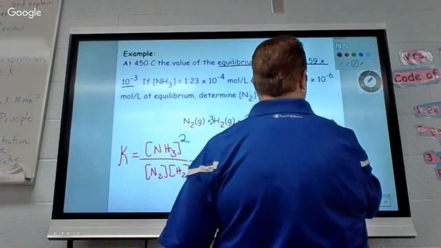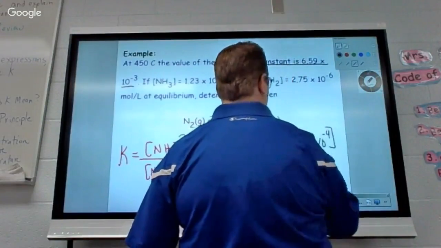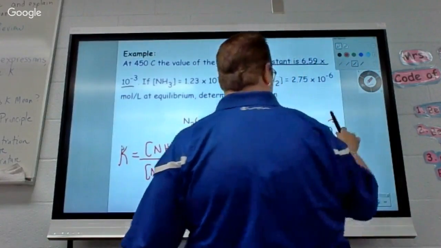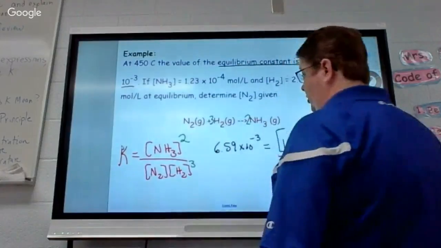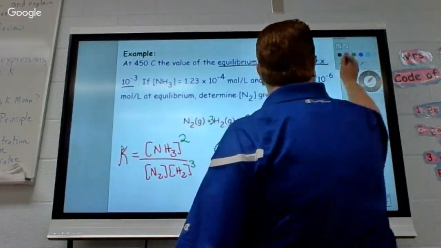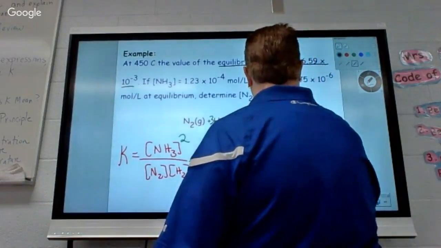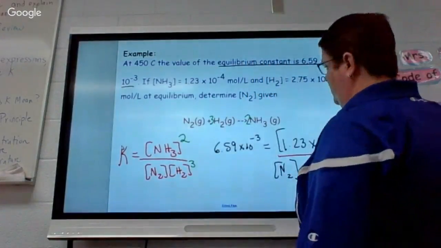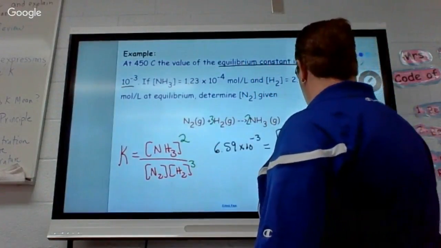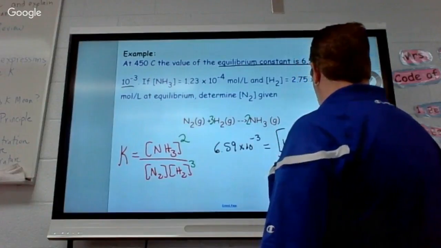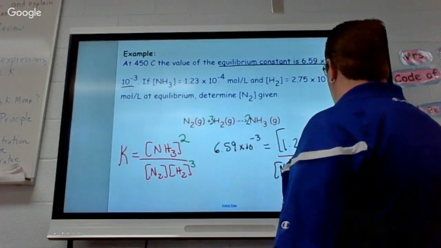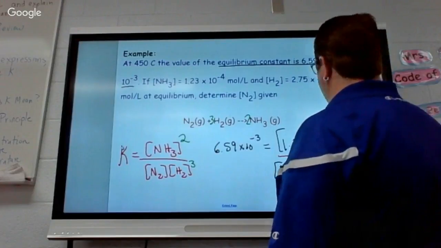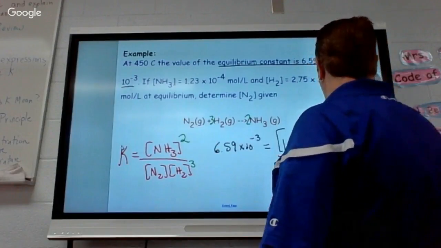And I need to do what to that number? Square it. And then H2 is 2.75 times 10 to the negative 6. And I need to do what to it? Cube it.